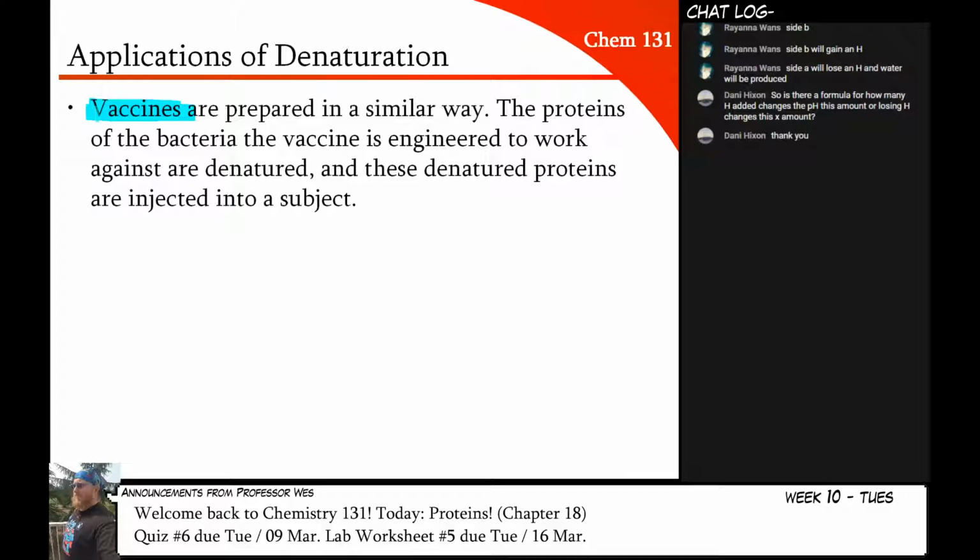How do vaccines work? Well, bacteria and viruses are just a bunch of proteins. If you denature them, they lose their original function. But your body isn't that picky. It is that picky in the sense that if the protein is in a certain orientation, then it will do harm.